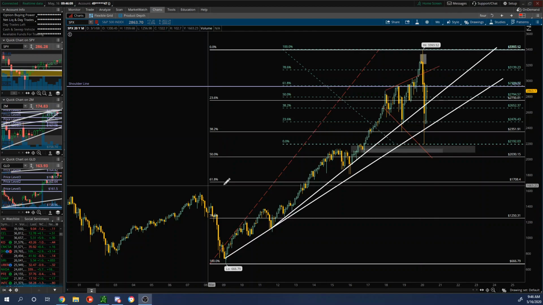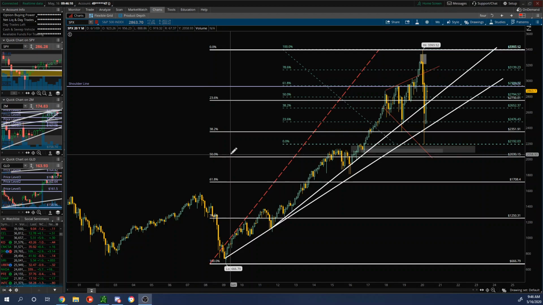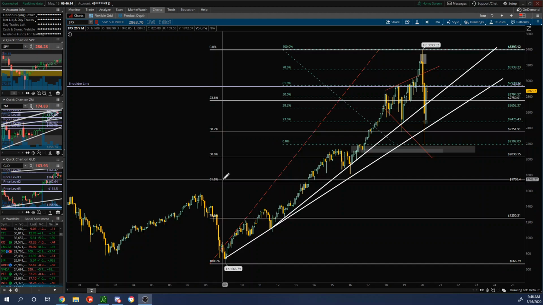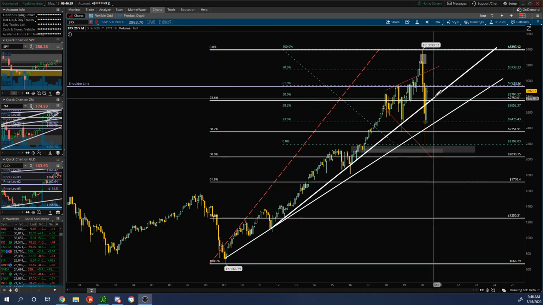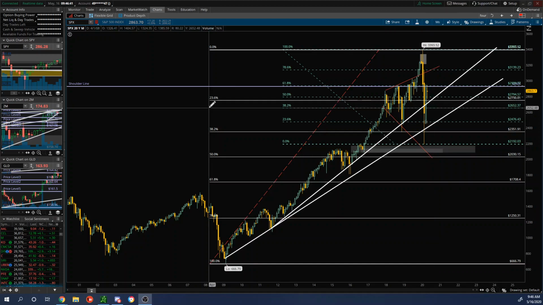Your 50 and 61 are typically more important for long-term reversals, and so I am not ruling out that we can't come down and visit these in the future months and future years, but for now we're above the 38.2 and we're actually back above the 23%. And so really that's my near-term bogey as far as macro picture goes. Are we getting back below this trend line, back below our 23.6 on a long-term perspective?